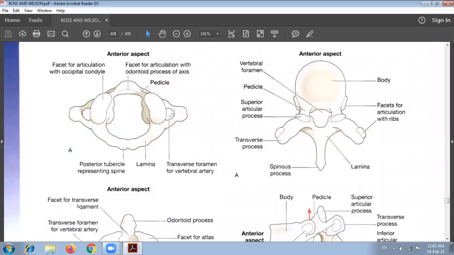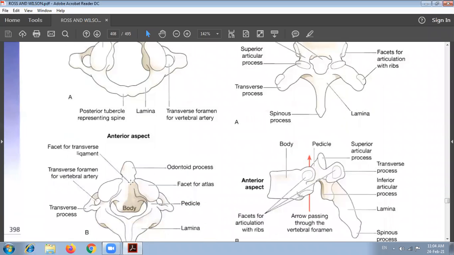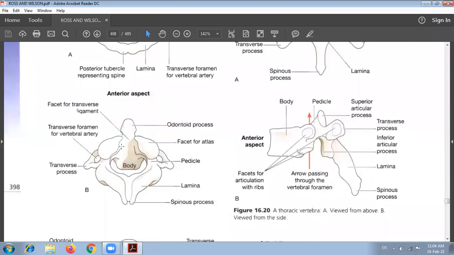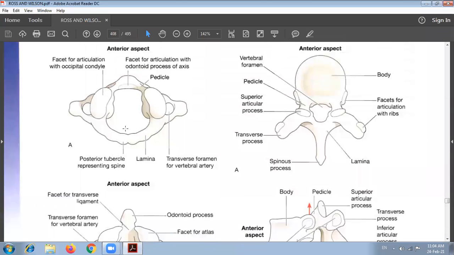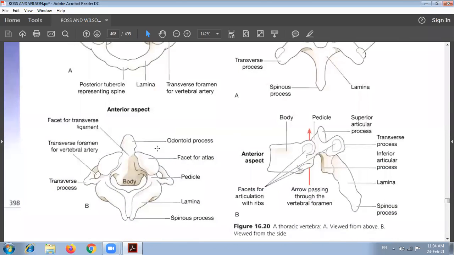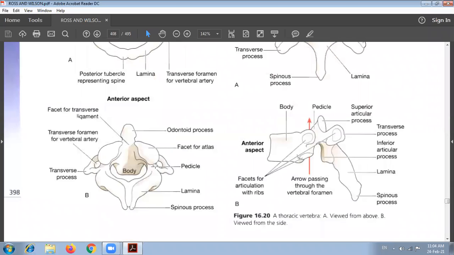The two transverse foramina for the vertebral arteries are present. This is the space required for the odontoid process, which is a specific characteristic of the axis vertebra of the cervical region. So the atlas is the first cervical vertebra and the axis is the second cervical vertebra.